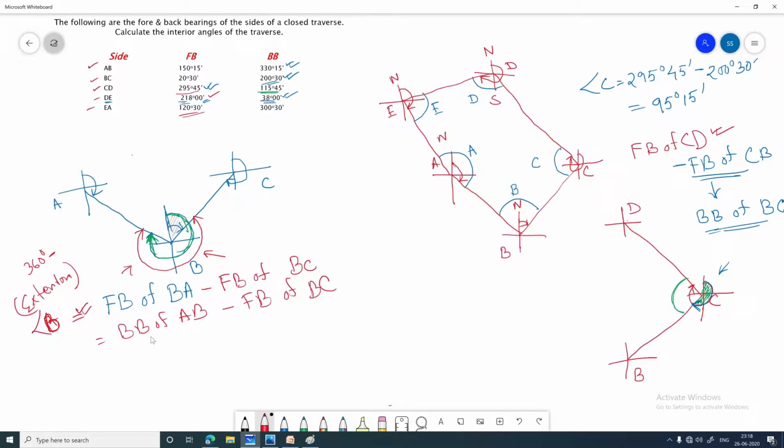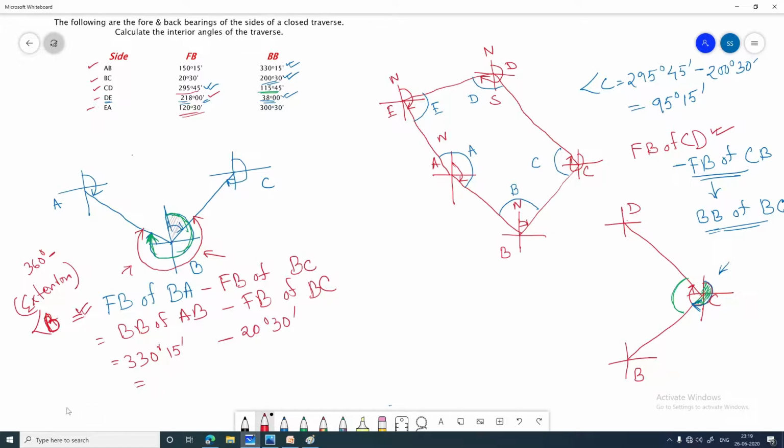I know the back bearing of AB, that is 330 degree 15 minutes. So 330 degree 15 minutes minus forebearing of BC, which is 20 degree 30 minutes. Look, it is feasible.